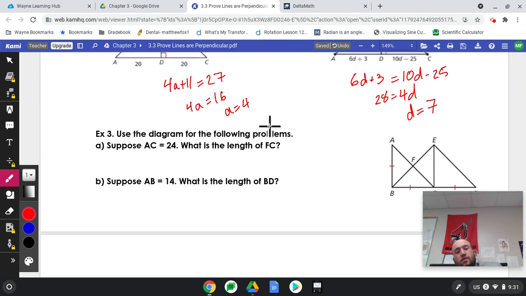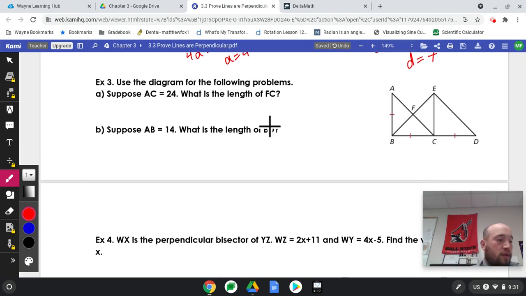All right, so as we scroll down then, we have one final picture here. So use the diagram for the following problems. Okay, so it says suppose AC equals 24, and one other thing I forgot is we've got a right angle here and a right angle here.